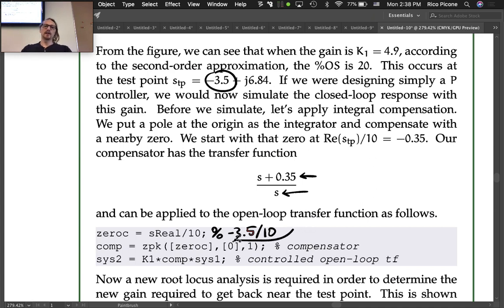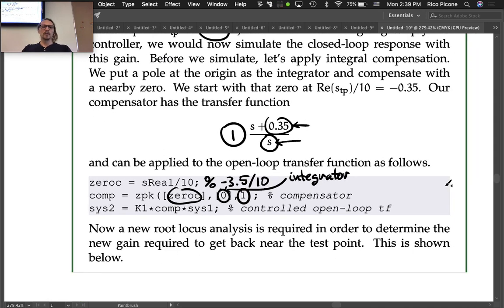So that numerical 0 value corresponds to the integrator. We're using ZPK, so it's asking what is the pole location? Pole location is at 0. And then it has a gain, so the 0.35 goes to the zero, the integrator goes to this 0, and then there's an overall gain factor of just 1. So there's our compensator.